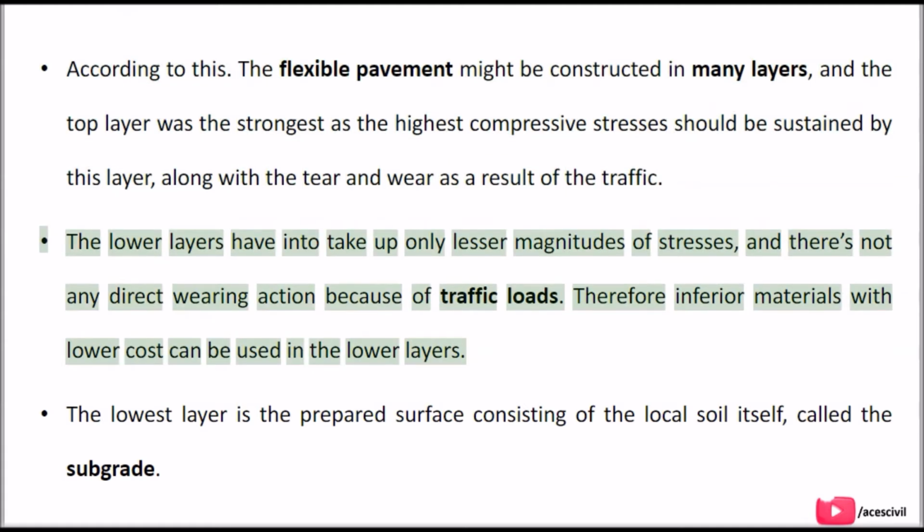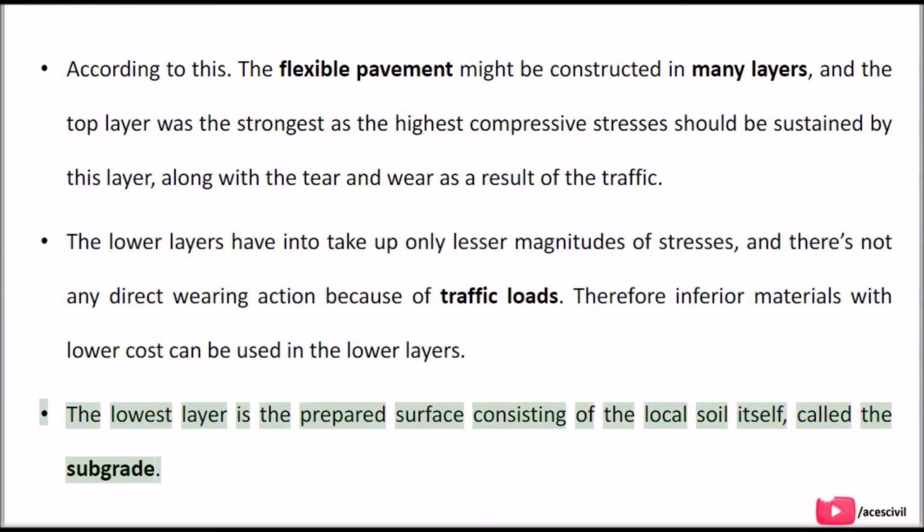The lower layers have to take up only lesser magnitudes of stresses, and there is no direct wearing action because of traffic loads. Therefore, inferior materials with lower cost can be used in the lower layers. The lowest layer is the prepared surface consisting of the local soil itself, called the subgrade.